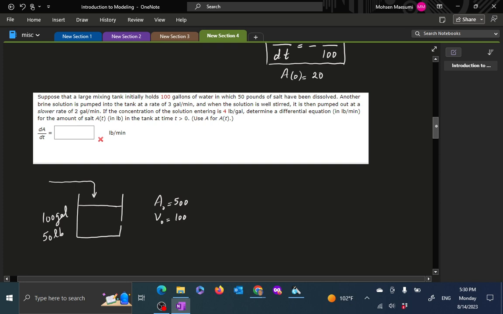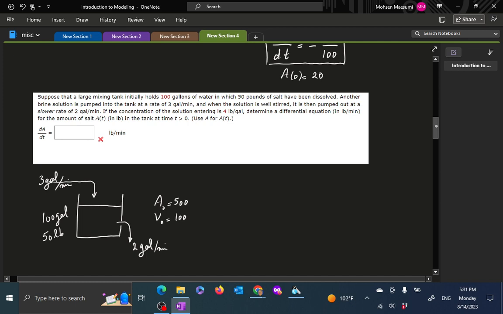What we are doing is pumping in at the rate of 3 gallons per minute, and then we are pumping out at the rate of 2 gallons per minute.